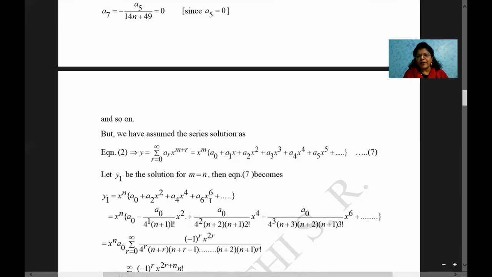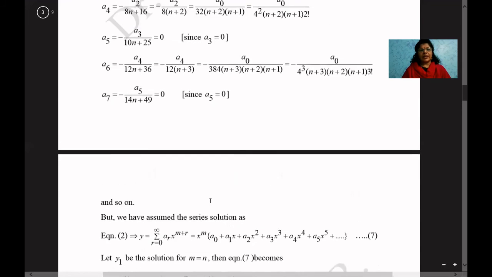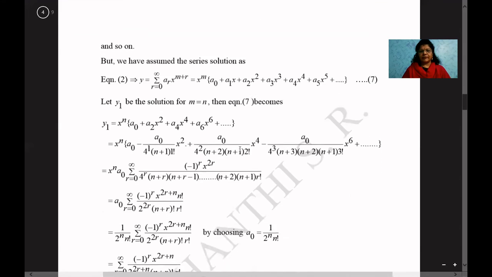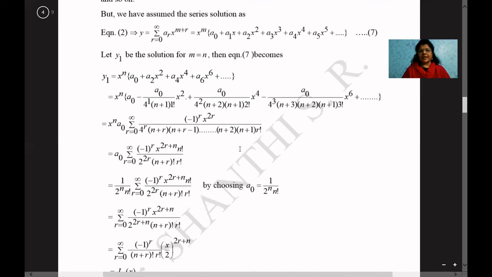A6 is minus of a0 divided by 4 cube into n plus 3 into n plus 2 into n plus 1 into 3 factorial from the above value. Correct? This value I have substituted in the series solution. Thus I have got this line.